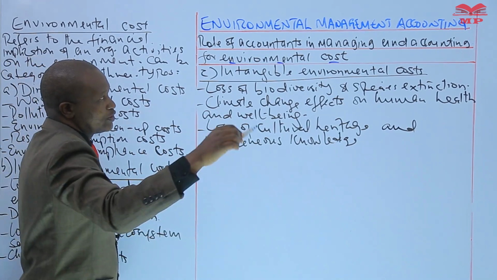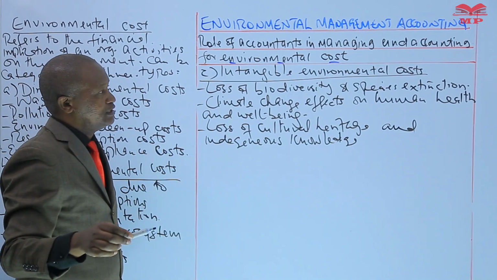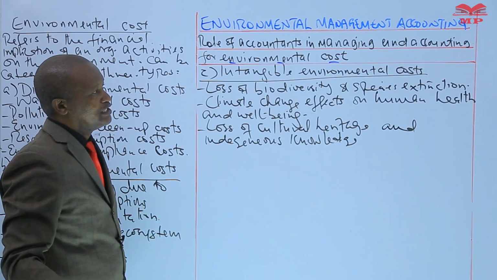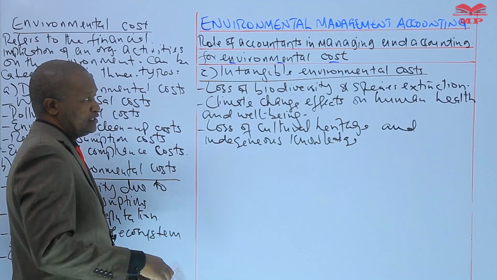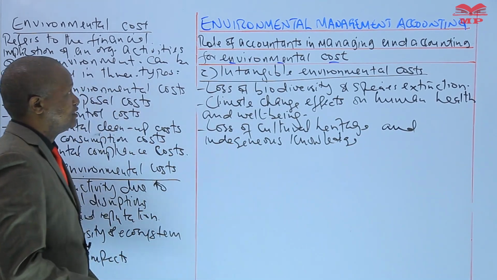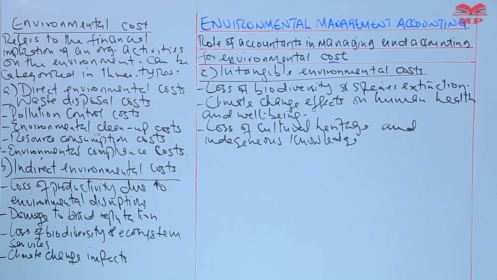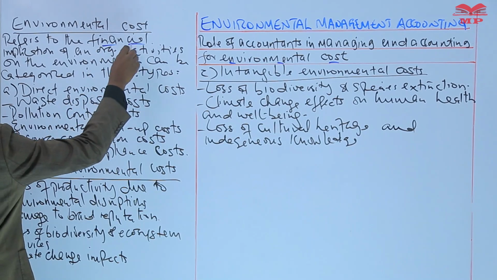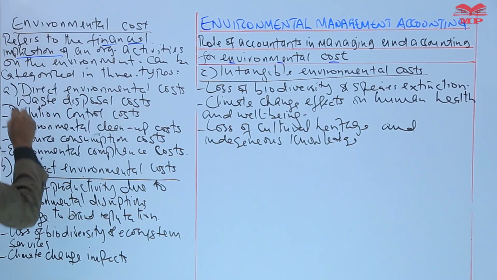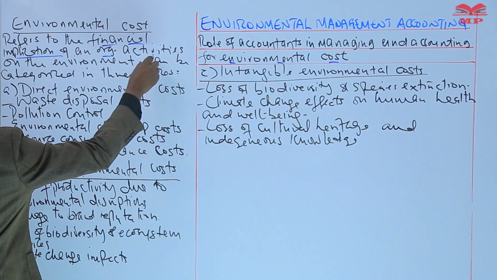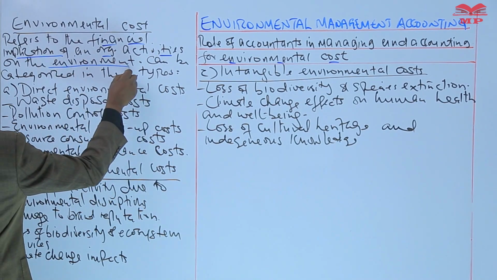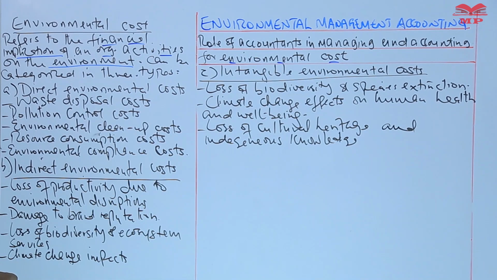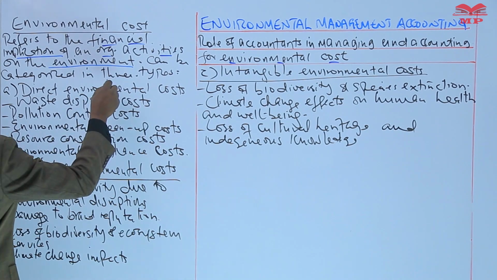So before we get into the role of accountants, it's crucial that we understand what these environmental costs are. In defining environmental costs, I've said that environmental costs are the financial implications of an organization's activities on the environment. And these financial implications, we've categorized into three types.